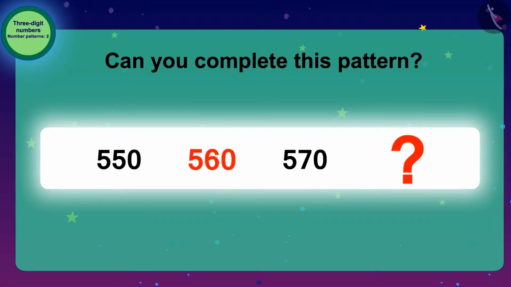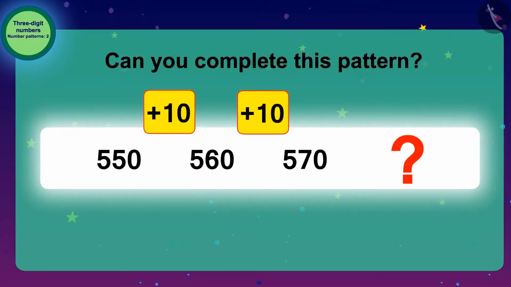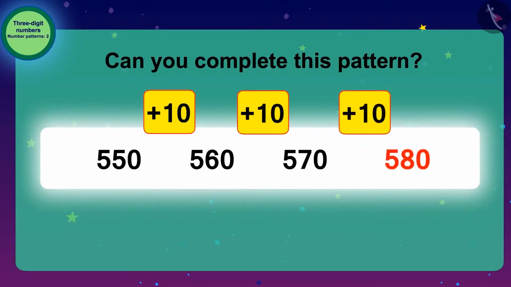Like we will add 10 to 550 to reach 560. Then to find the next number, we add 10 again to 560. Similarly, the next number of this pattern is 570, and by adding 10, it becomes 580.